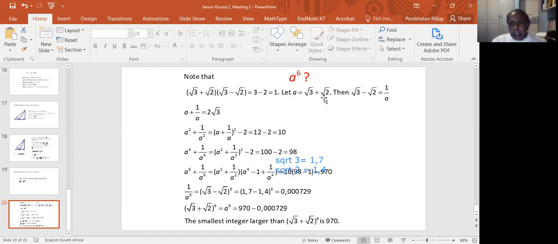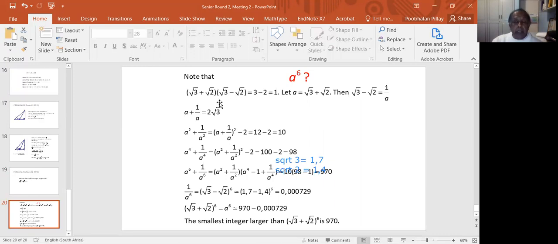If you call this A, take the same thing with a minus sign in between and multiply these two. (√3 + √2) times (√3 - √2). Now, difference of 2 squares tells me that this is 3 minus 2 and that's equal to 1. It simplifies very, very nicely, this product.